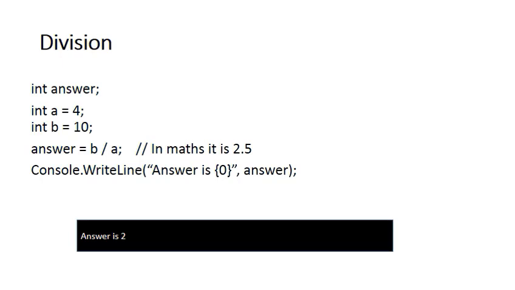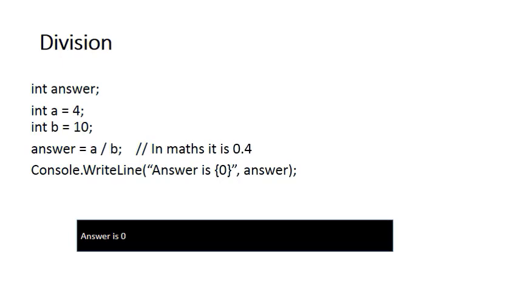Please note it doesn't round up or down, it simply throws away the decimal. So when I say 14 divided by 5 in normal maths, the answer is 2.8. In C#, because the answer must be an integer, and because it throws away the decimal, your answer is still 2. It does not round it up to 3. So make sure you understand that. It simply throws away the 0.8 and makes it 2.